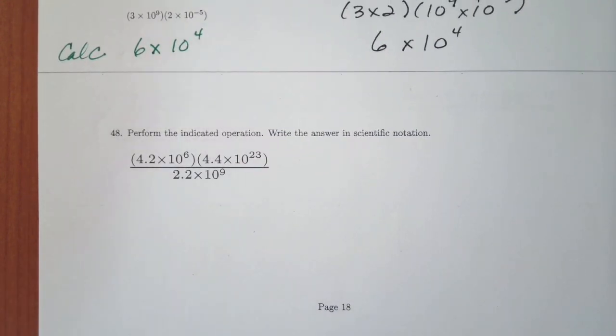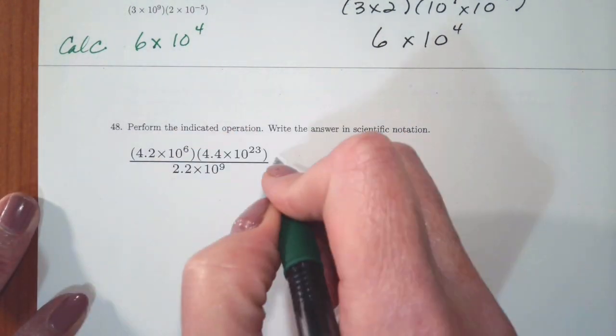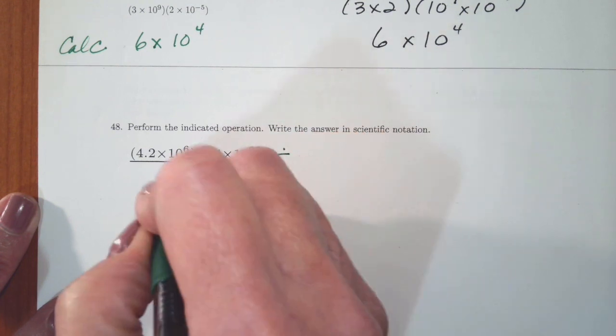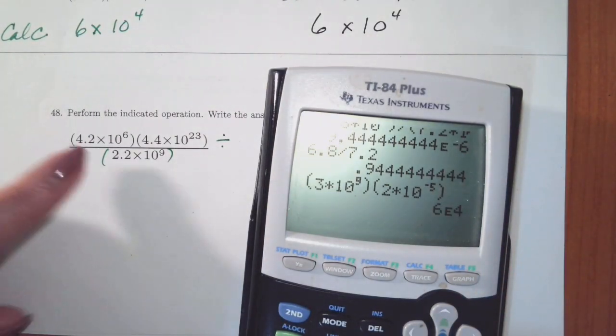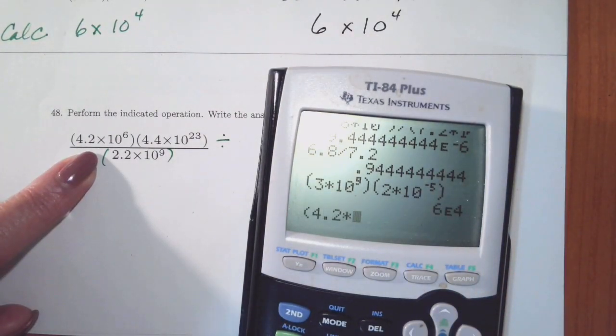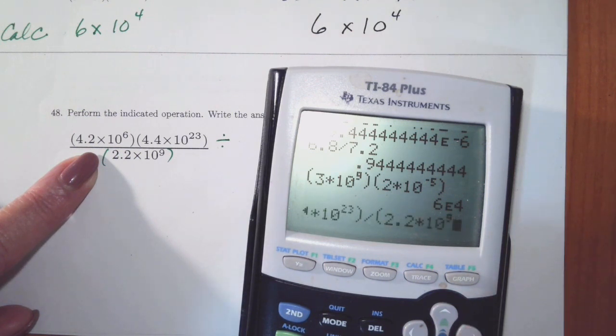Okay, same thing. If I'm going to do this in scientific notation in my calculator, I'm going to multiply and then divide by this in parentheses. So I'm going to have 4.2 times 10 to the 6th times 4.4 times 10 to the 23rd divided by 2.2 times 10 to the 9th.